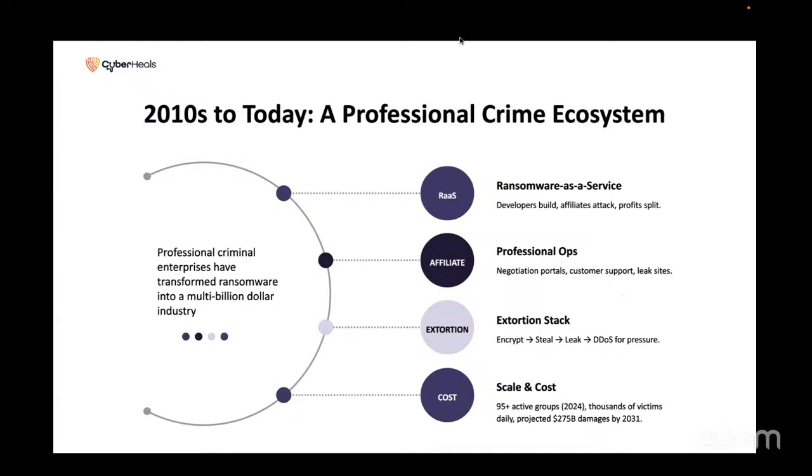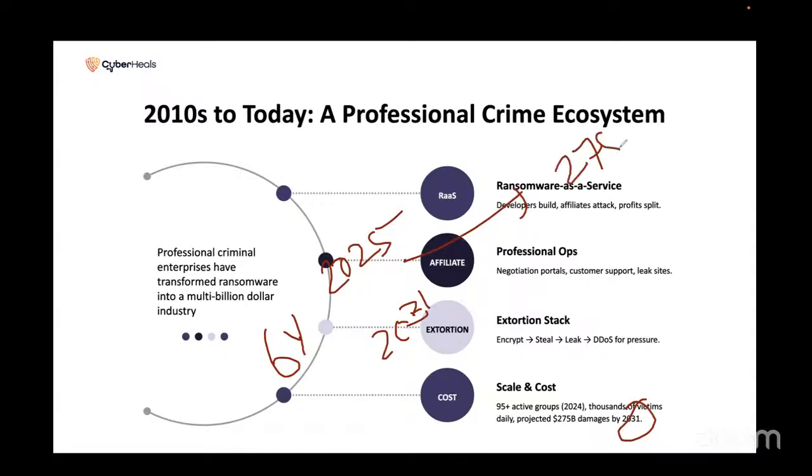And they're saying that by 2031, within 6 years, since 2025 we are there, they can earn $275 billion.